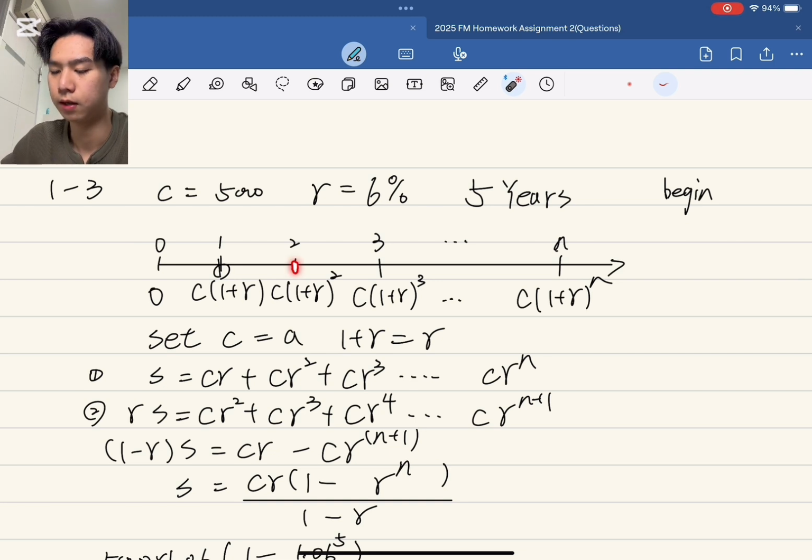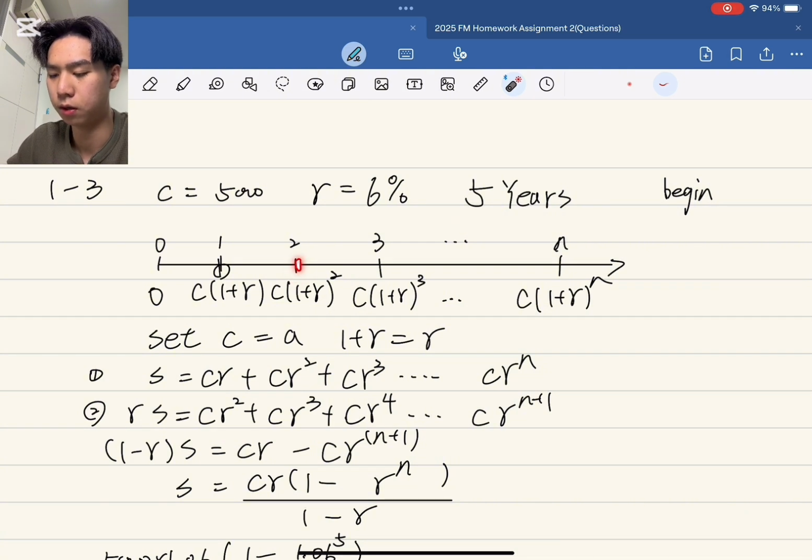At a later time, our first cash flow is multiplied by the interest rate again, and our second cash flow is multiplied by the interest rate.